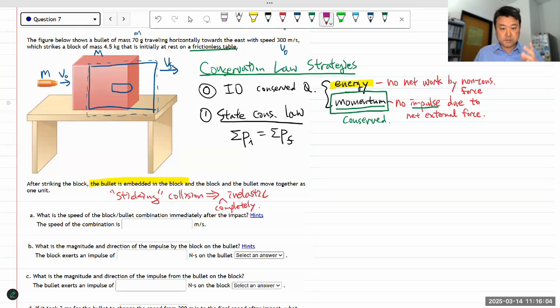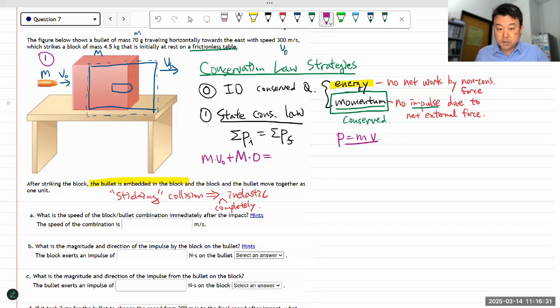So let's do that. The definition of momentum is mass times velocity. So for the initial picture, or snapshot 1, before the collision, you have the momentum of the bullet, small m times v naught, plus the momentum of the block, which will be 0, but let me just write it out for clarity: big M times 0 for the velocity of the block.